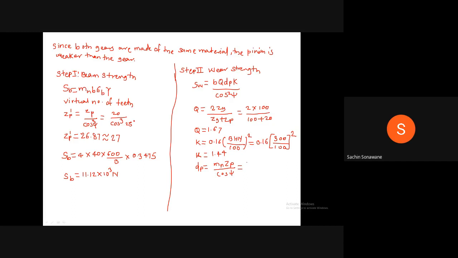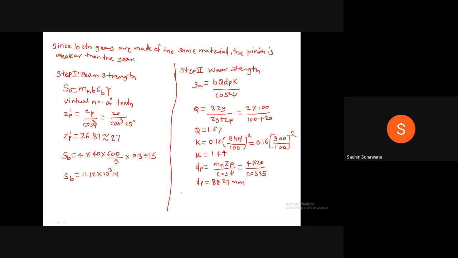Therefore, substitute the values. 4 into 20 divided by cos of 25. dp is 88.27 mm.